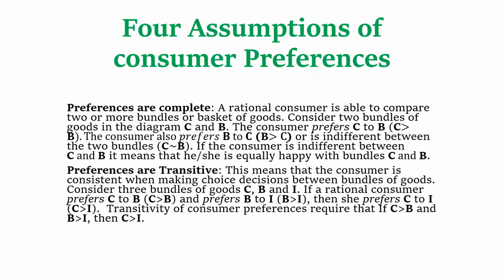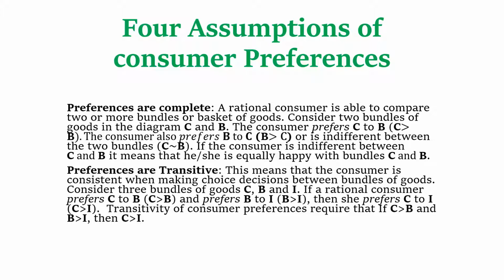Any one of those two bundles gives me greater satisfaction or gives me happiness. So that's the meaning of saying that preferences are complete. So if C is preferred to B and then B is preferred to C, then the consumer can also be indifferent between those two, that is C and B. In other words, is equally happy having any of those two bundles.